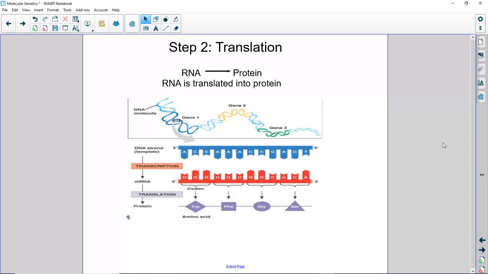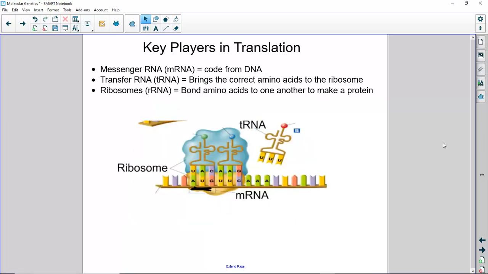All right, so let's go through the process. RNA translated into protein. You remember our key players up here. You have all three of them playing in at once: the ribosome, the transfer RNA molecule, and the messenger RNA molecule made from the DNA.